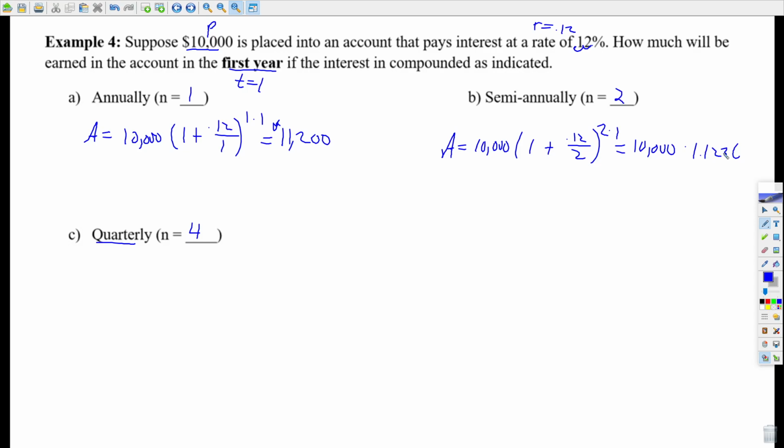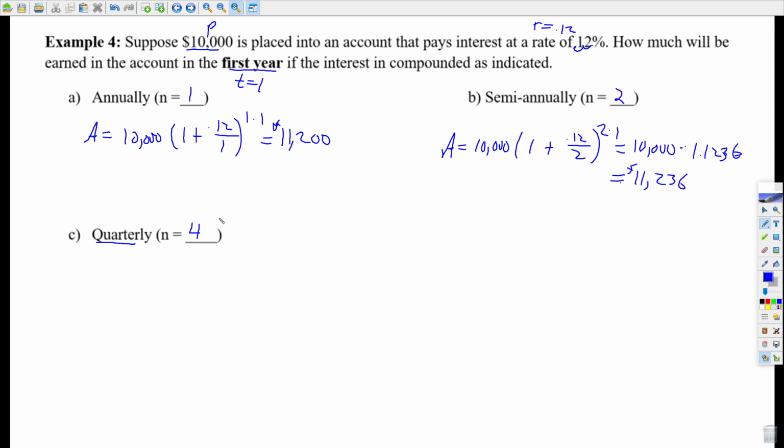I'm just going to write them all out. So we're going to multiply that by 10,000, which is 11,236. So you can see it's growing a little bit. Not a lot, but it gave us an extra $36 just for doing it a second time that year.